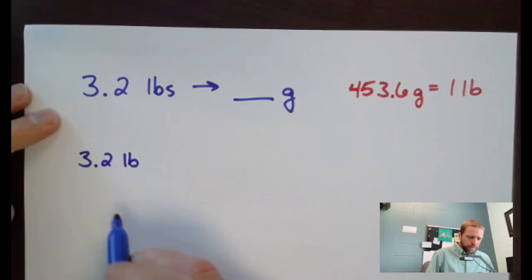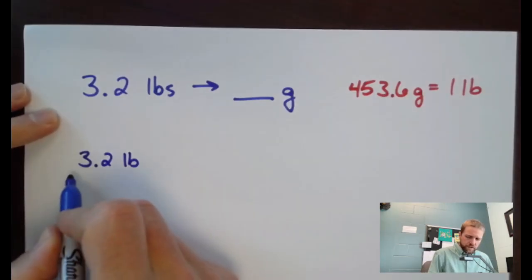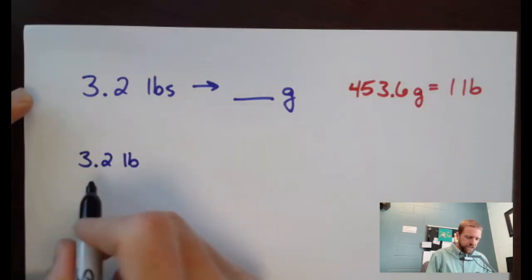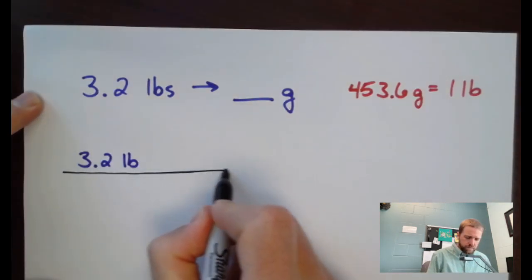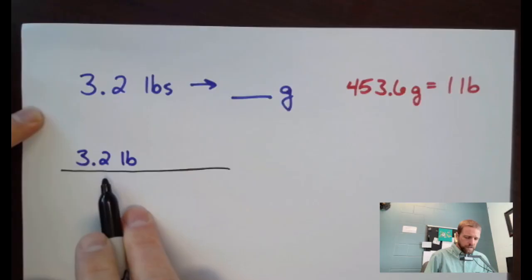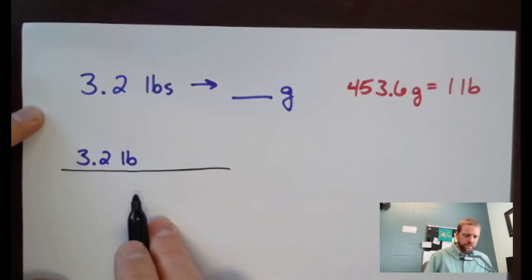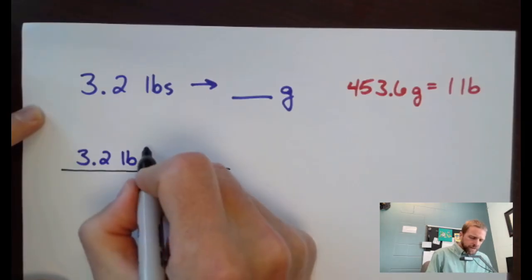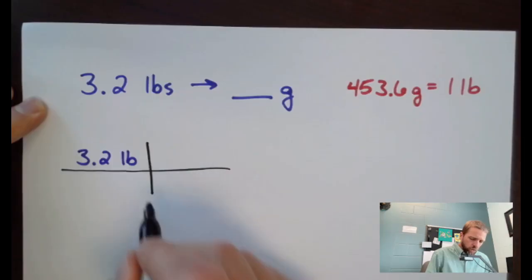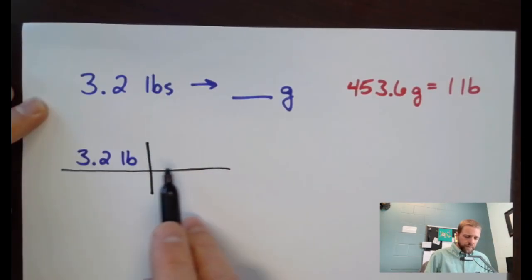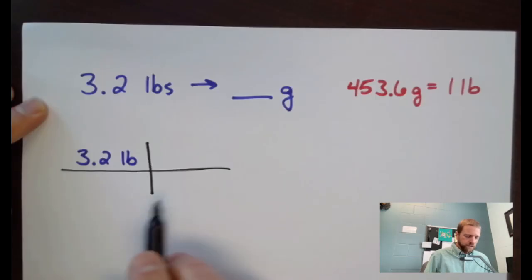and I'm going to draw a horizontal line here, and the horizontal line is a division line. So everything above the line belongs in this large numerator, everything below the line belongs in the denominator. And then I'm going to draw a vertical line that separates different quantities or different numbers.